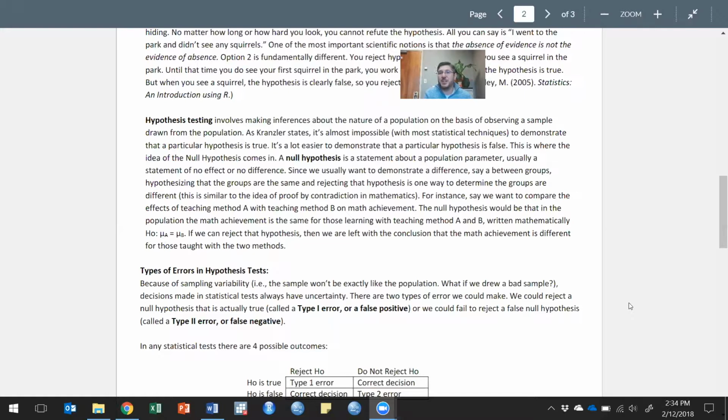This is similar to the concept of proof by contradiction in mathematics. Say we want to compare teaching method A with teaching method B on some form of math achievement.